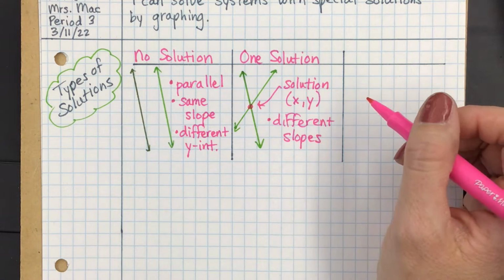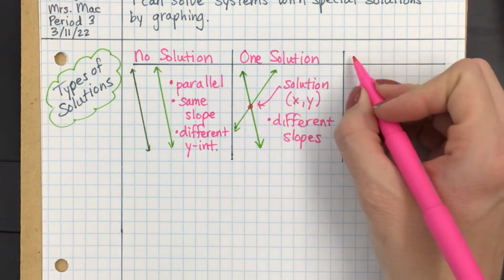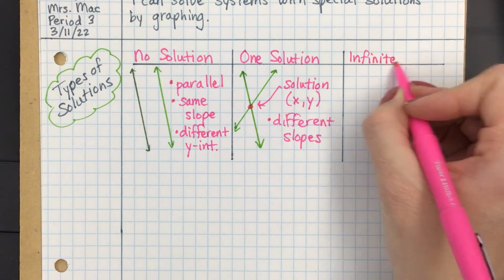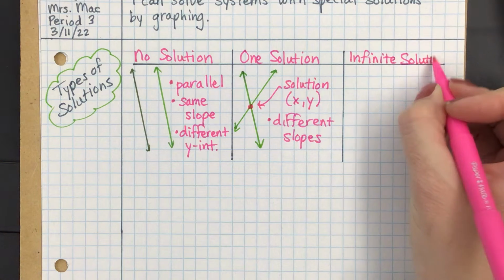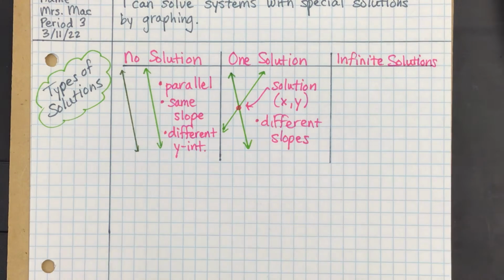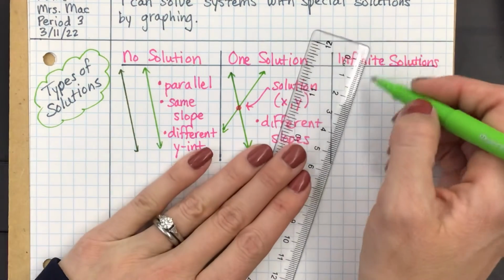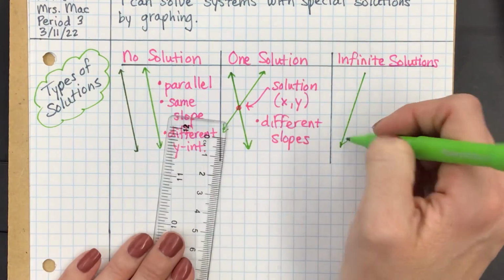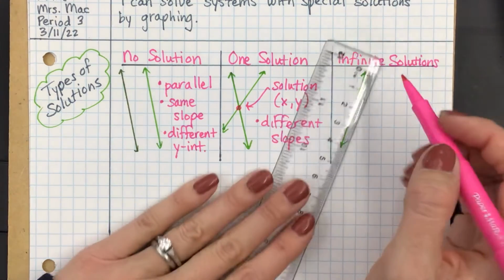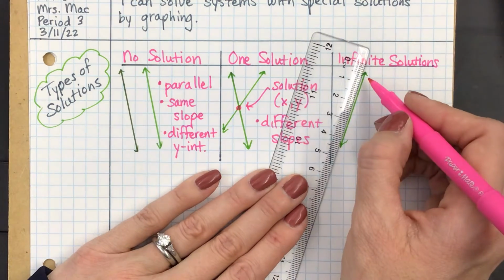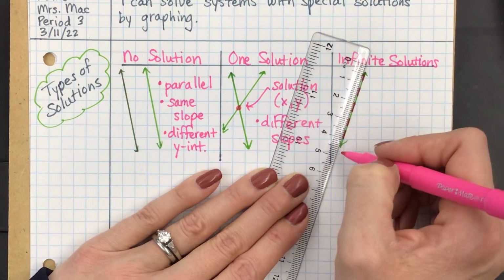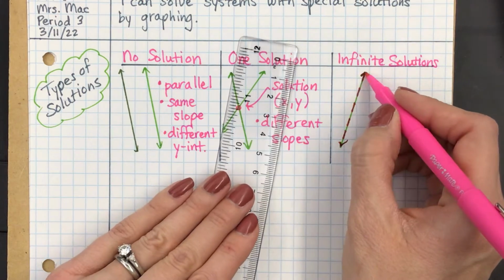The last type of solution that you're going to see for a system is when it has infinitely many solutions. When you graph the lines, you will see that they are the same line. They're right on top of each other when you graph. The way that I show that is I go over the line again with a different color and make it dashed to show that it's one line on top of the other.